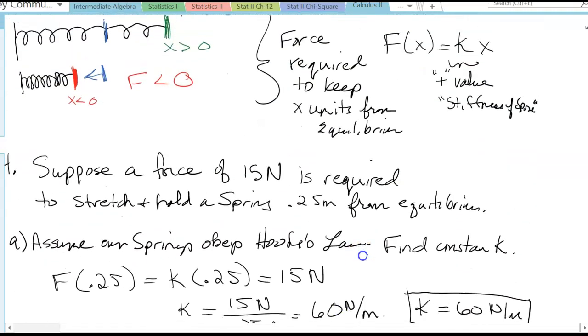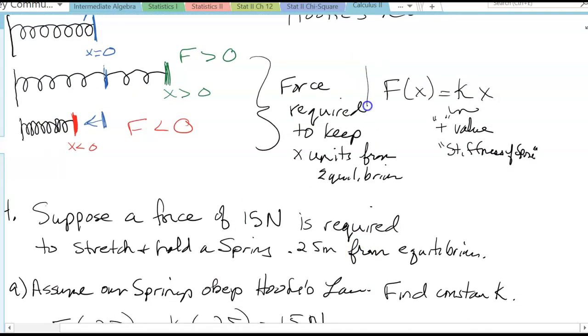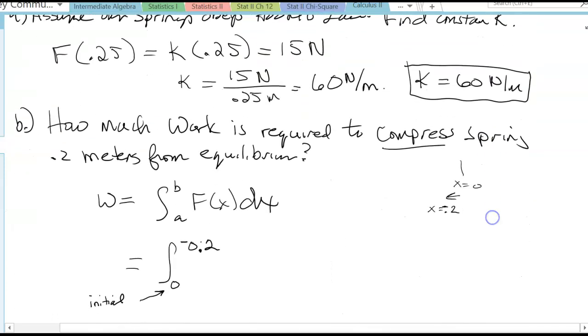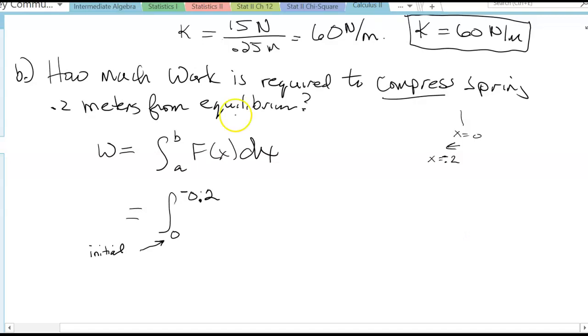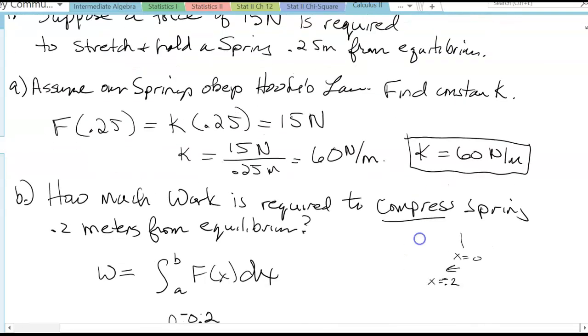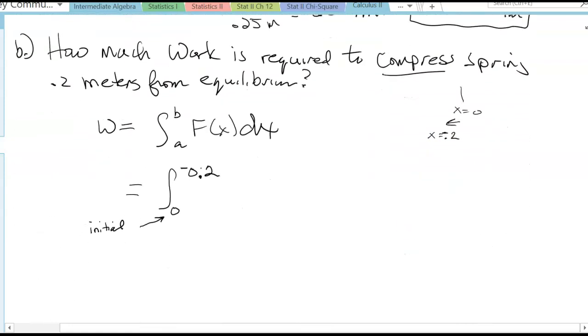We said that Hooke's law, the force, is equal to Kx. So our force equation is going to be, in this case, 60x dx. And that's it.